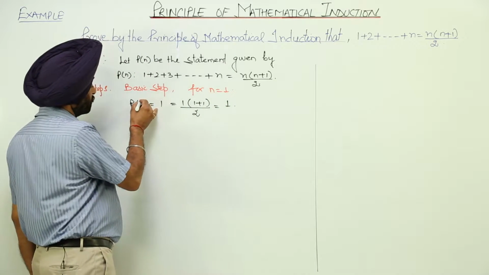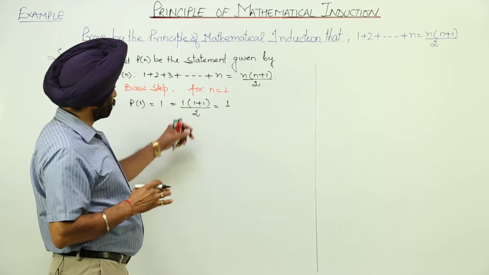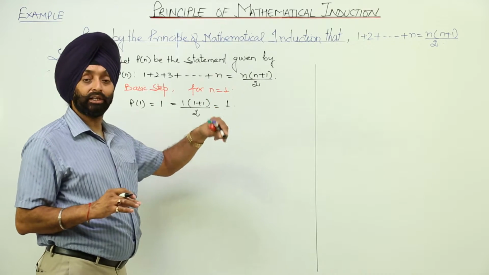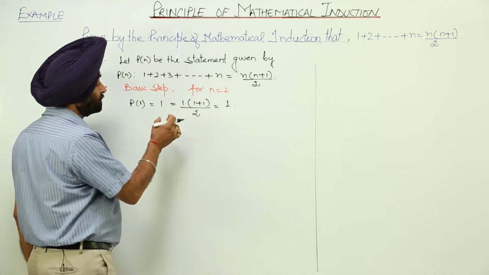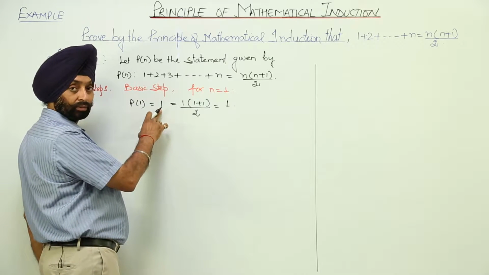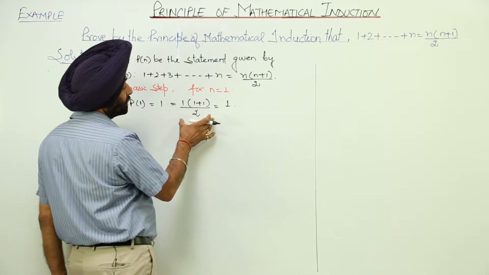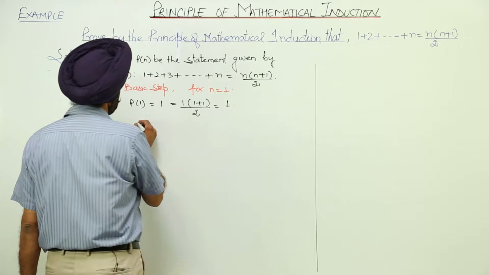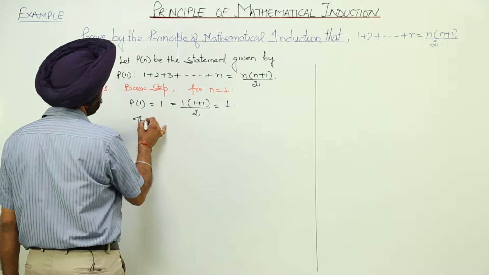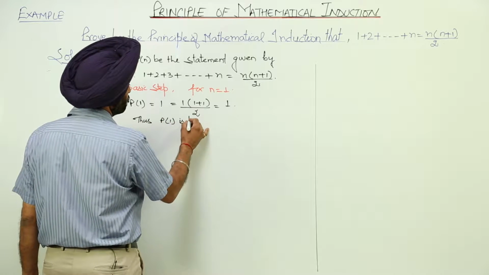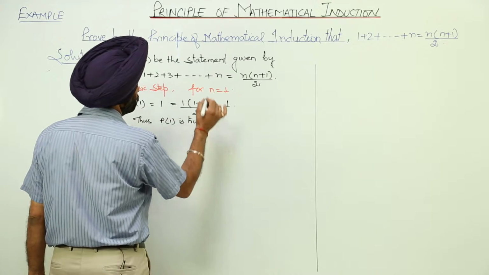Now, when I am putting 1 here, this means what? On the left hand side, as I told you, it is the term, and on the right hand side it is the result. So, n is equal to 1 means what? First term, that is 1. So, that is why I have written 1 here. And this is the result, putting n is equal to 1, we are getting 1. Thus, P1 is true.